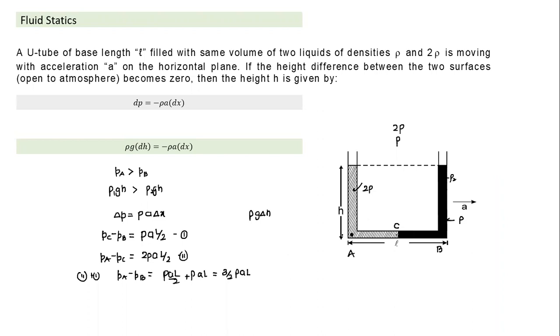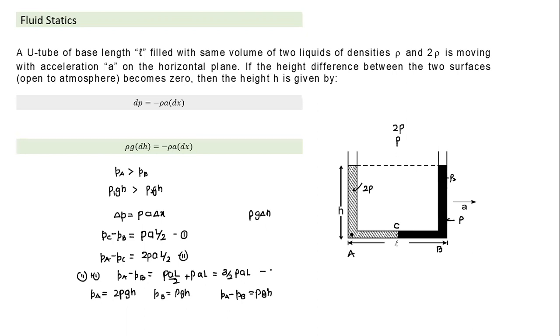This I have calculated along the horizontal direction. I could have also calculated pressure at A and B separately, vertically. If I write that equation, PA will be equal to 2 rho GH, and PB will be equal to rho GH. So PA minus PB is equal to rho GH.